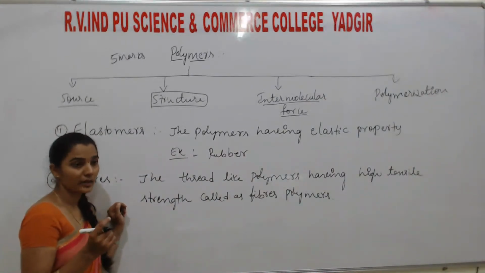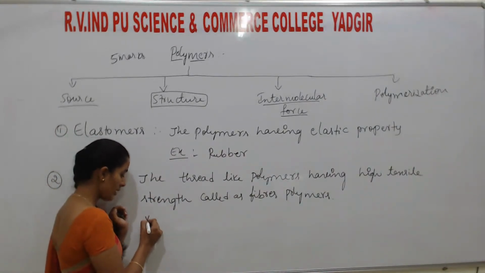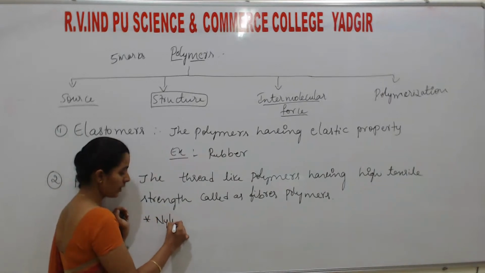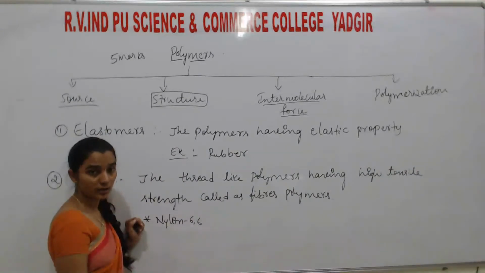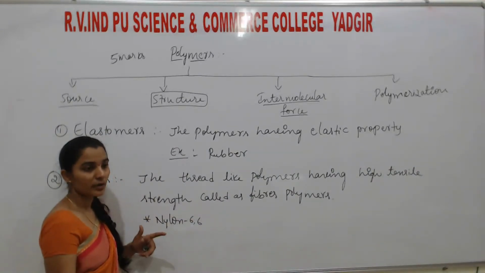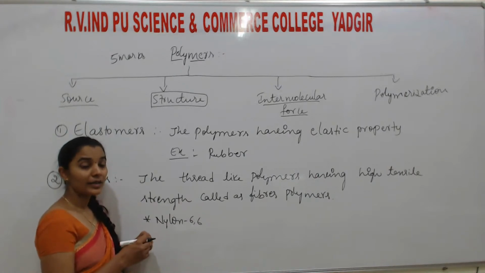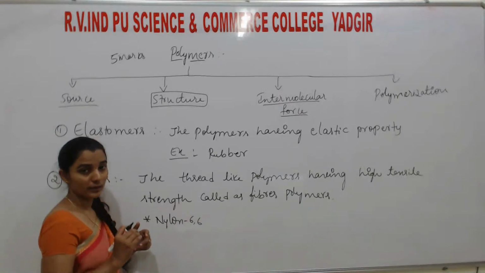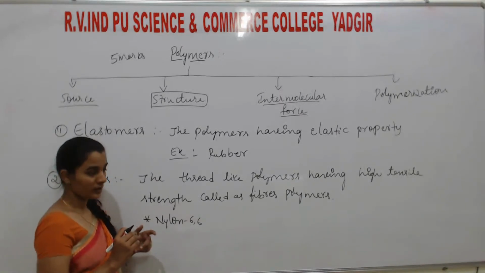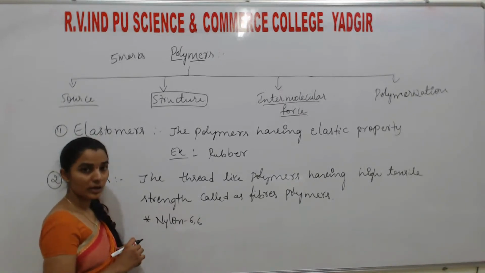They are like a thread, you know. So the example is nylon 66. You know, nylon cloths are there. Nylon cloths means the cloths are made up of threads. Correct? They are very highly tensile, which means they cannot break easily. They have very high strength. Understand? So nylon 66 is there, rayon is there, Teflon is there. So those are all examples.